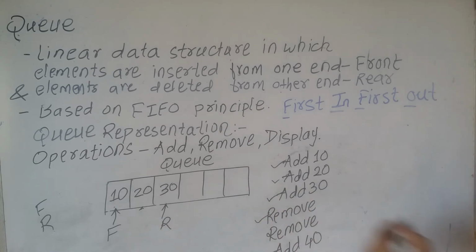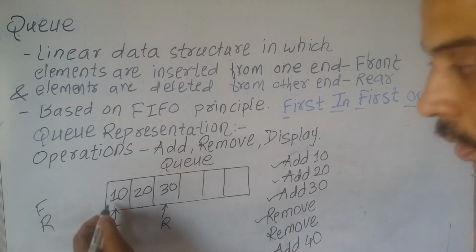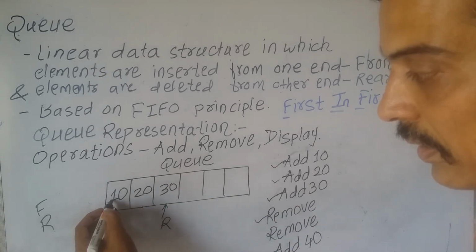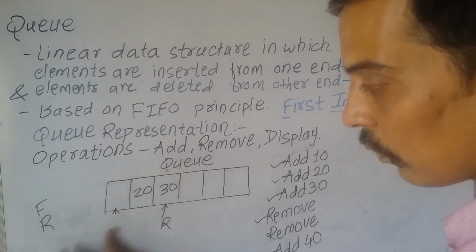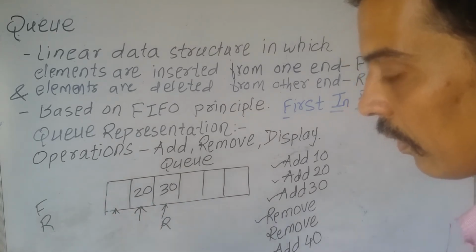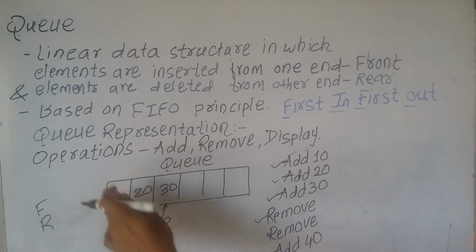After that I am performing one remove operation. What does the remove operation do? The first one is removed, which is indicated by the front, so the 10 is removed and now the front is pointing to the element 20 because the 10 is removed.